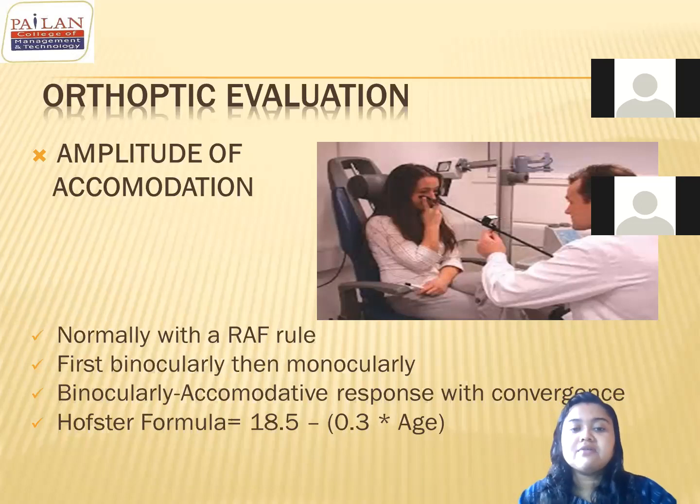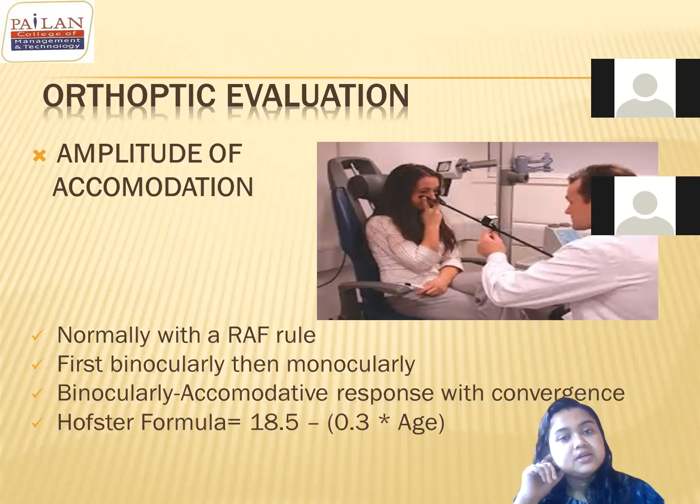Suppose you do not have a RAF ruler in your clinic. You can measure it with a scale. Amplitude of accommodation, if you measure it with a scale in centimeters, can also be converted. So that is the NPA, near point of accommodation, that needs to be converted.